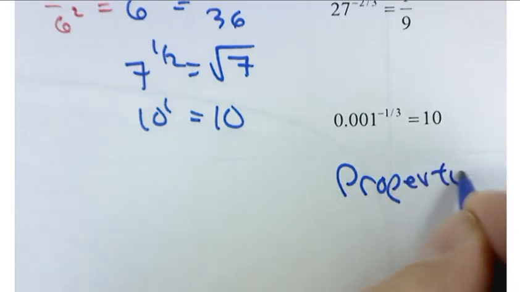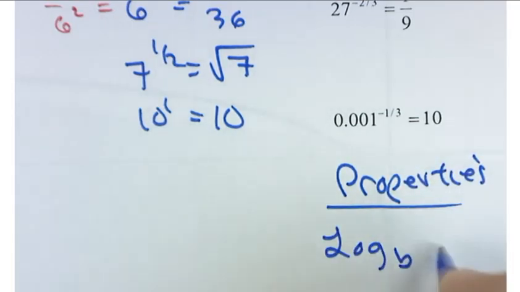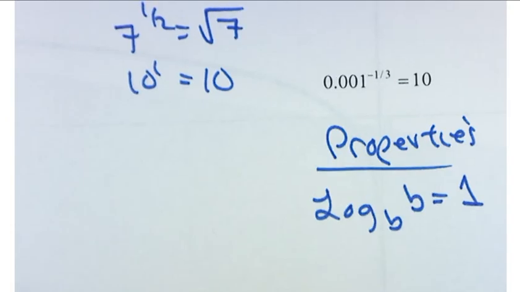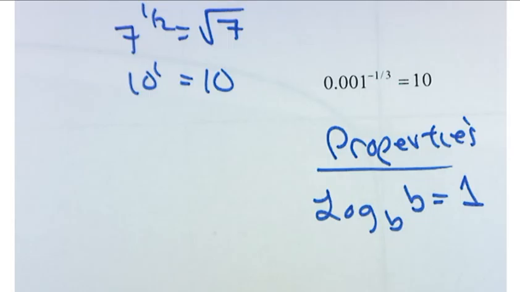Properties. We'll start with this one. Log base b of b is 1. Anytime the base and the argument match, the argument is what you're taking the log of, then log base b of b is 1.